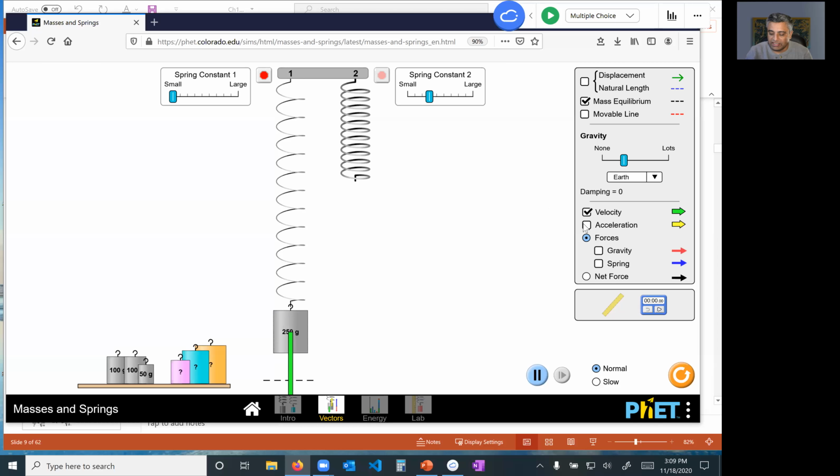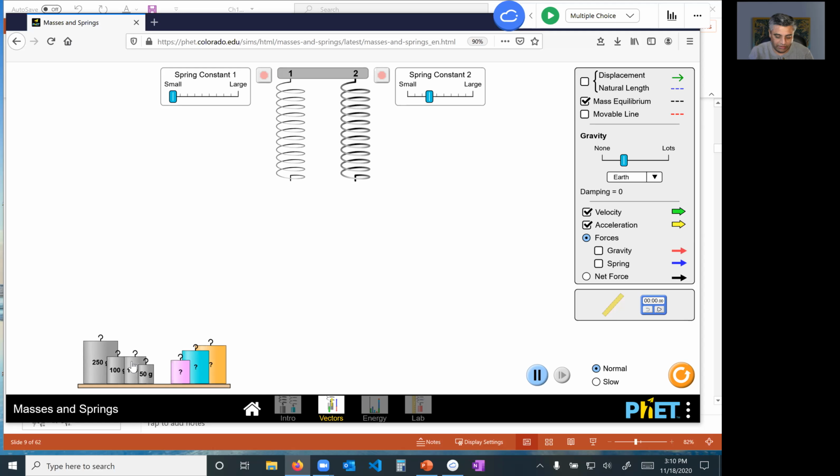So now let me attach acceleration and see how acceleration is doing. So acceleration is also changing, but the length of the acceleration vector is maximum where the mass is turning around. It's becoming hard to see with this very large mass.